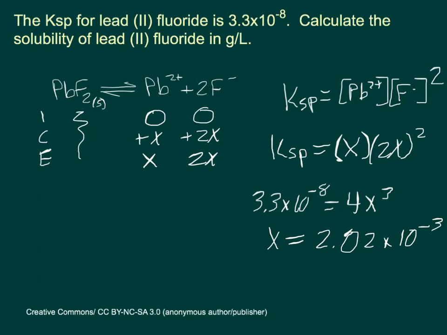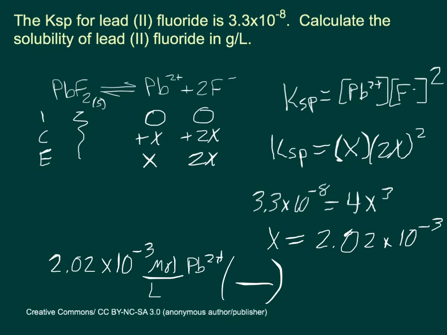So we're simply going to say, all right, we can get 2.02 times 10 to the negative third moles per liter of Pb2+ to dissolve, and there is 1 mole of PbF2 for every 1 mole Pb2+.